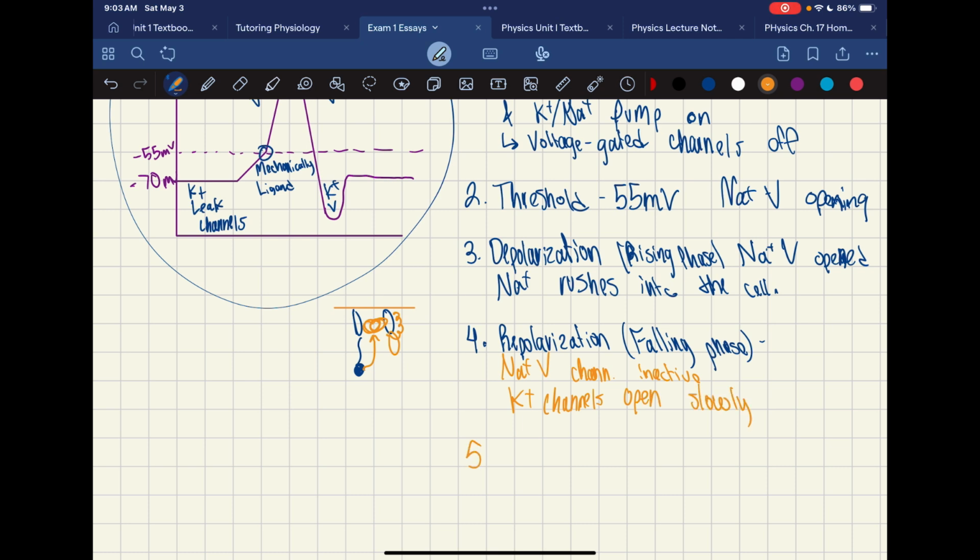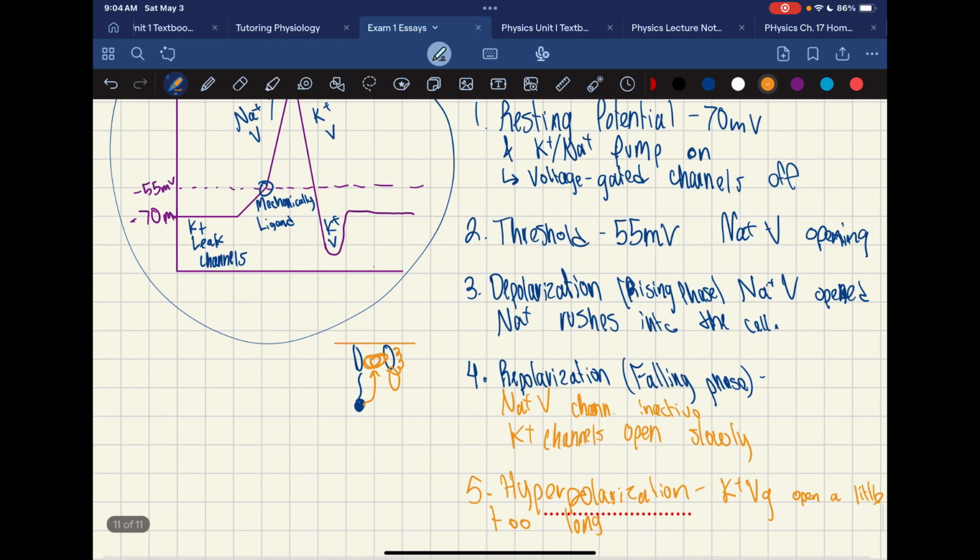However, they close slowly as well. These potassium voltage-gated channels open and close slowly, which results in hyperpolarization, where our potassium voltage-gated channels stay open a little too long, which causes us to dip further below the resting membrane potential.